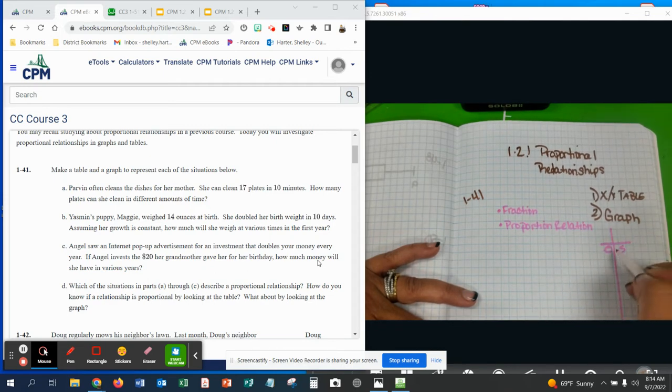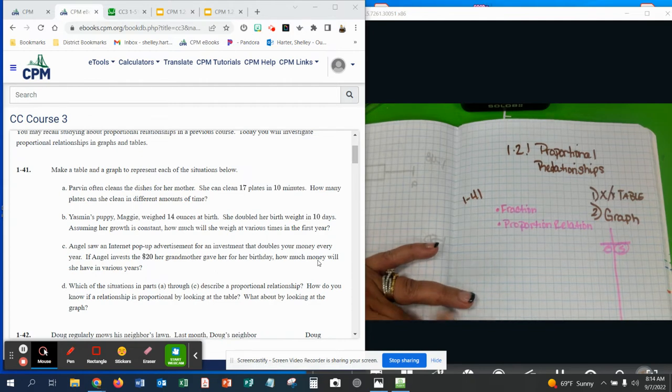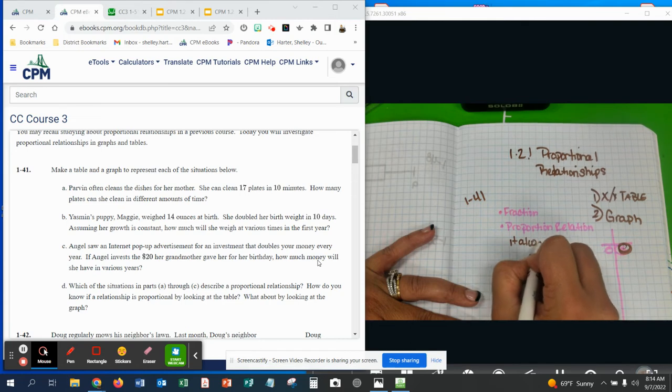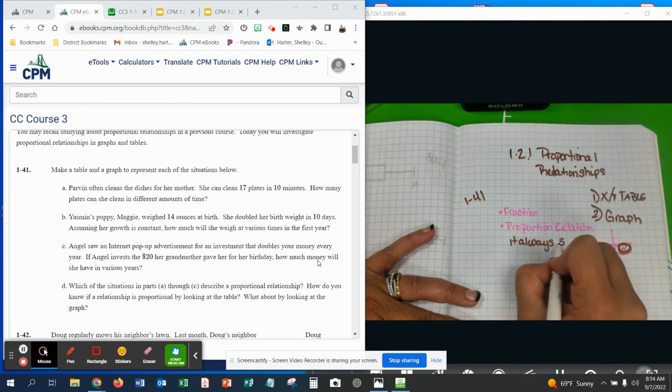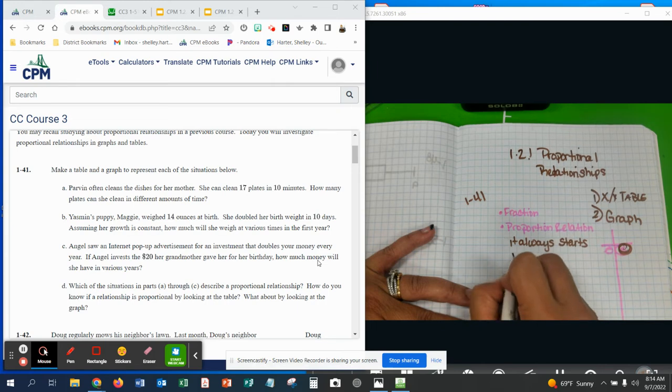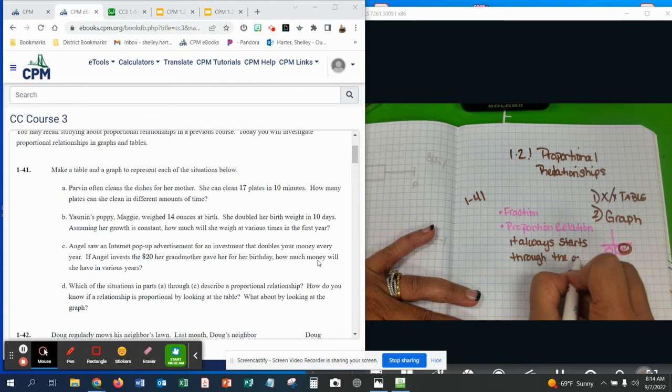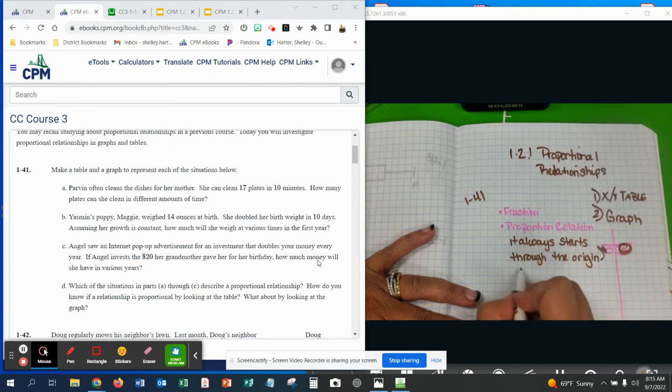Last week we were doing 0, 1, 2, 3, 4, 5, and we'd have something there and then start with our y equals mx plus b. In a proportional relationship, it always starts through the origin, 0 and 0 in the X and Y table.